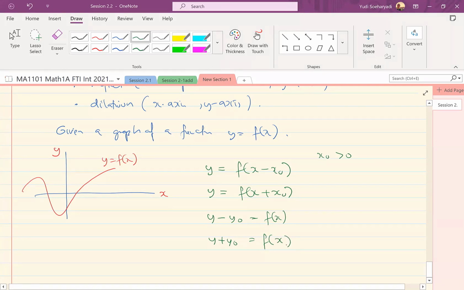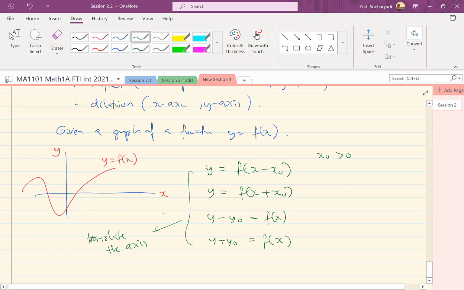Okay. So this means what you translate is actually the axis. Translate the axis. Okay.